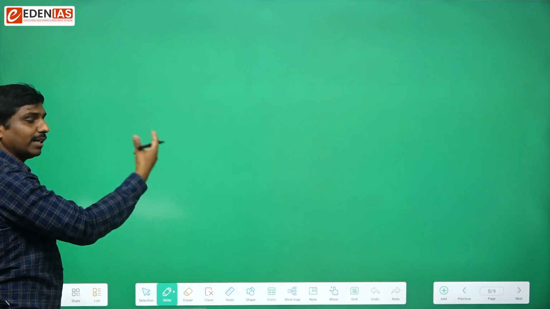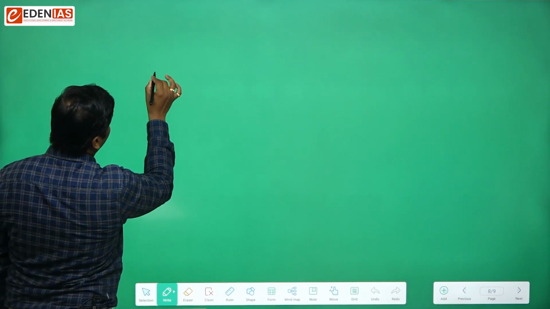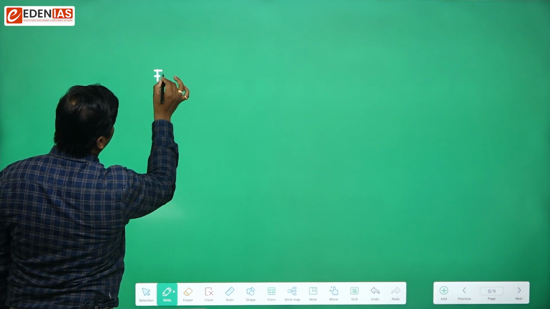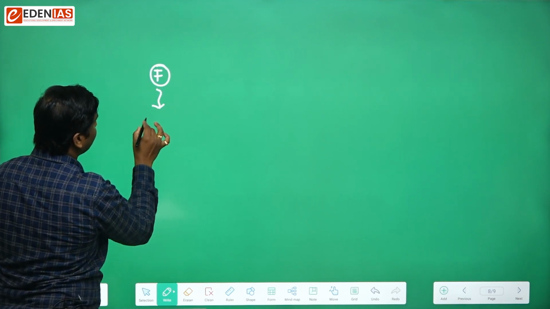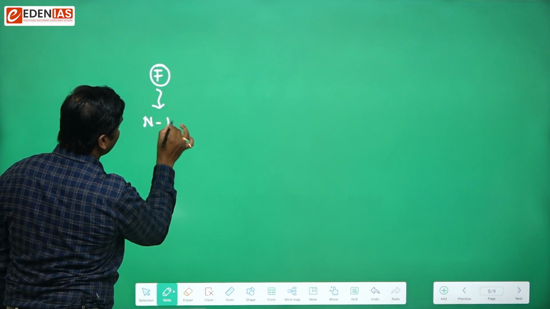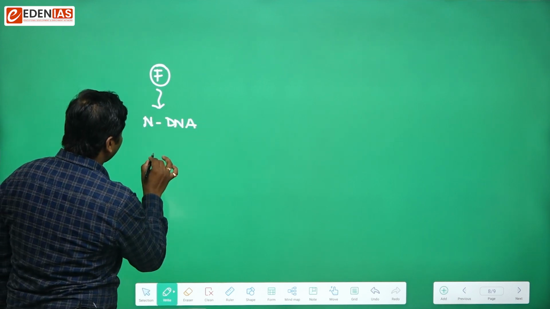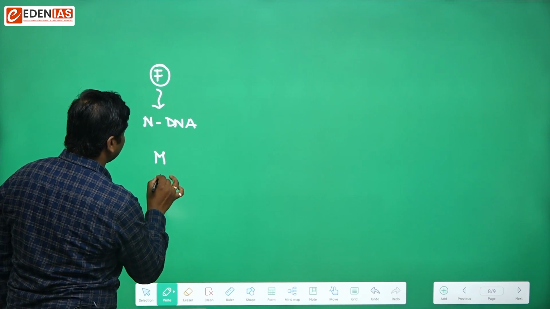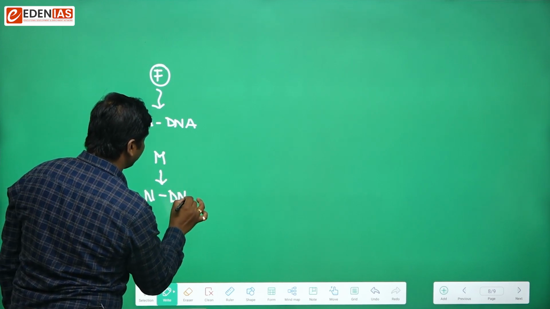To treat that condition, first they will have a father, and from the father they will collect healthy nuclear DNA. From the mother they will collect healthy nuclear DNA.